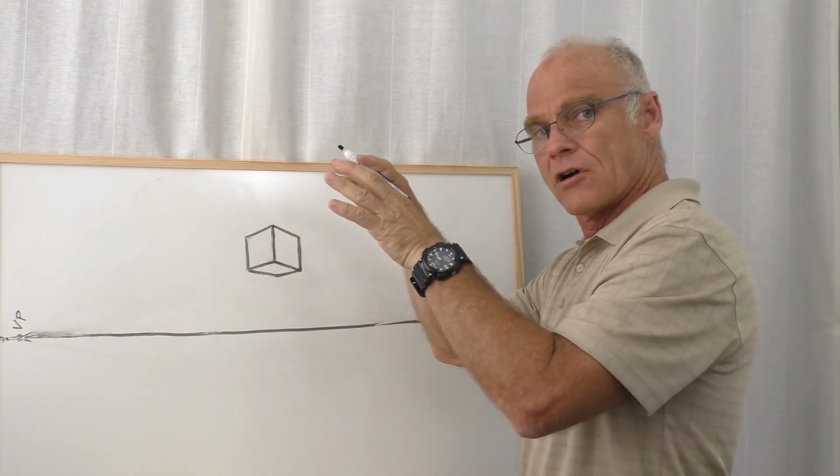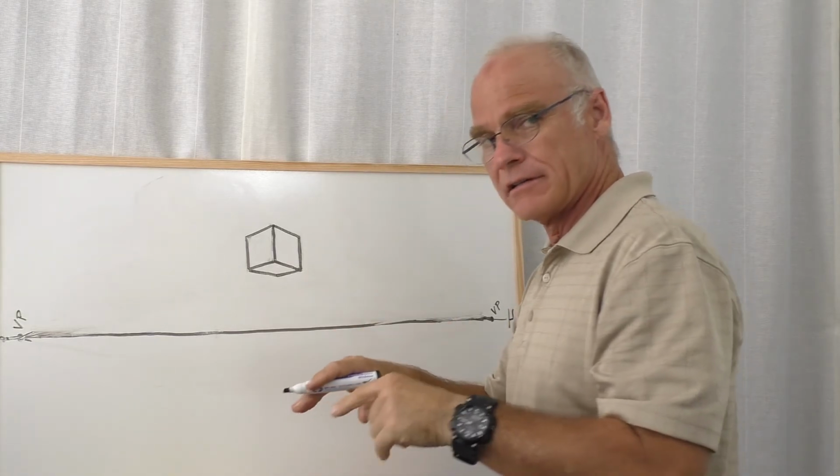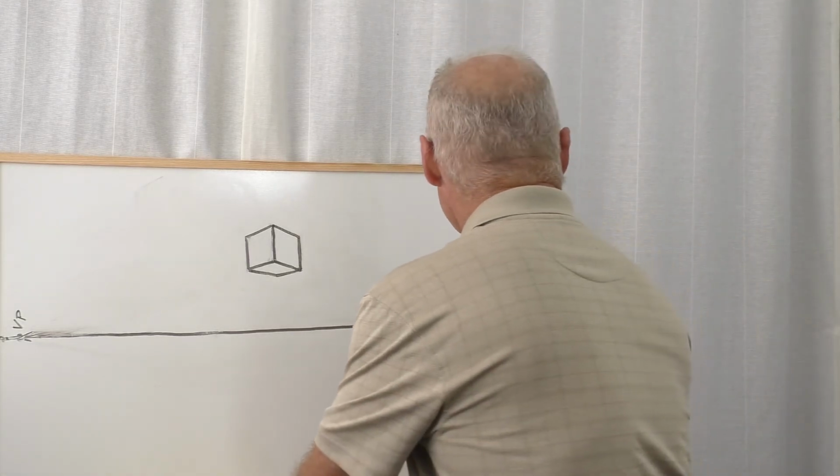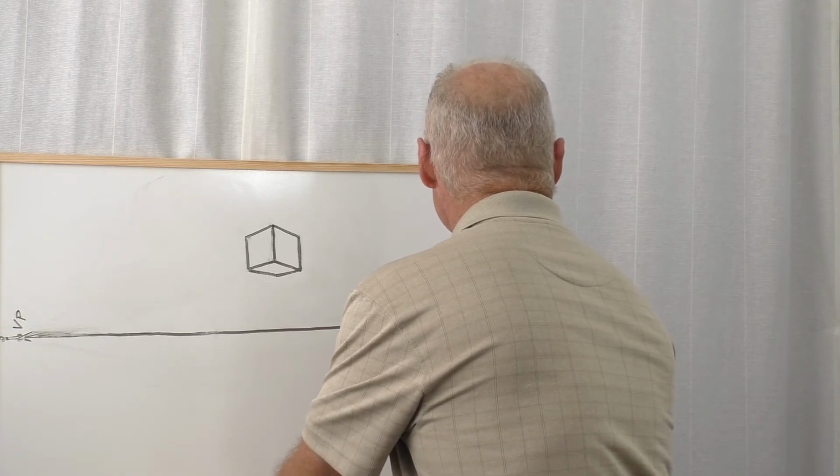Now let's draw a cube that we're looking down on. The cube below the horizon. Okay? 2 pairs of projection lines.